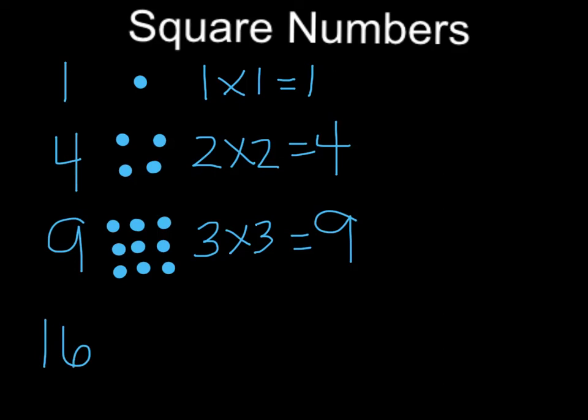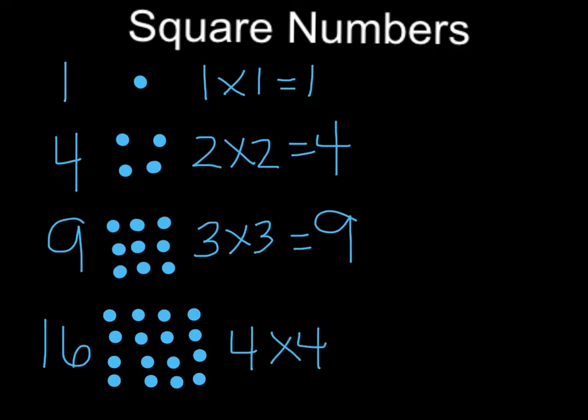Its number array is 4 dots long by 4 dots wide, making a 4 by 4 square. The number sentence that represents this array is 4 times 4 equals 16. A square number is simply a number that is multiplied by itself to find a product.